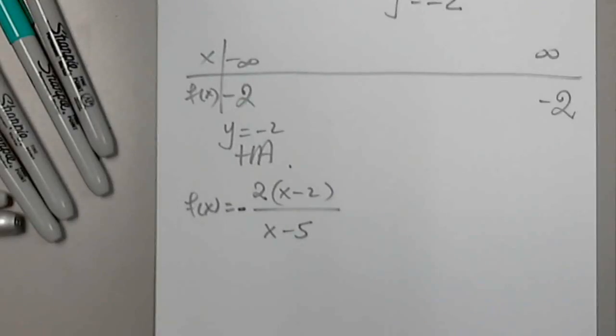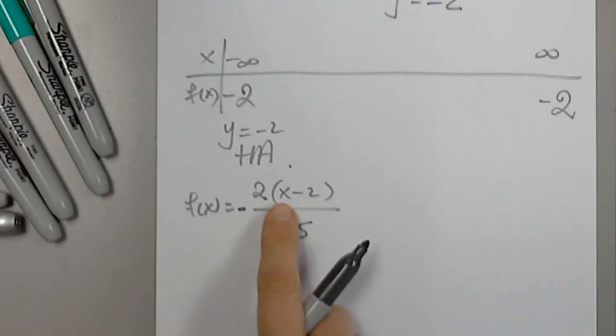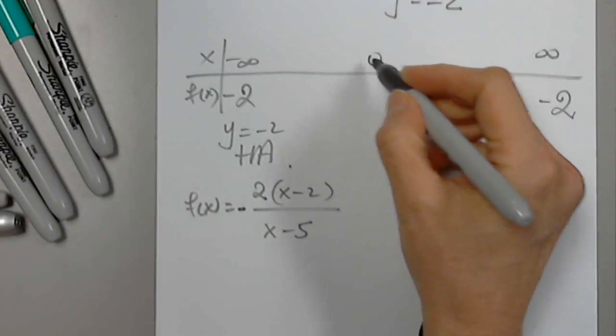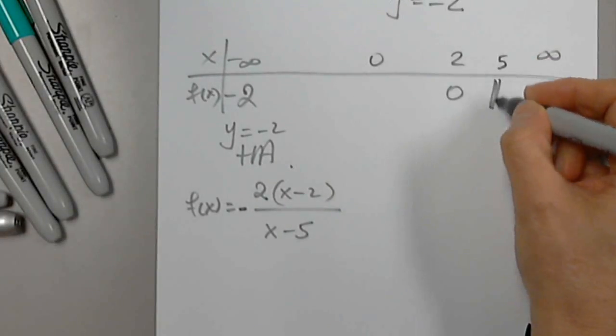Where is 0, by the way? At 2. Very good. Because the numerator has to be 0. The numerator is 0 at 2. Where is this function undefined? 5. Very good. So I write 5 and undefined.